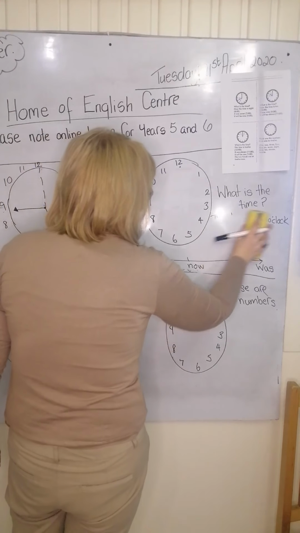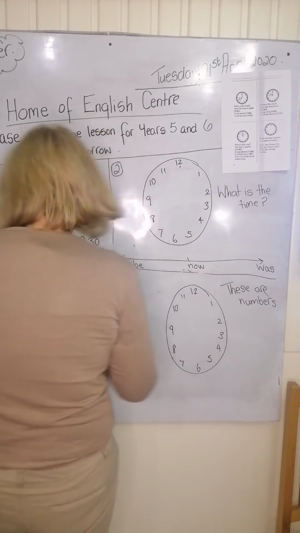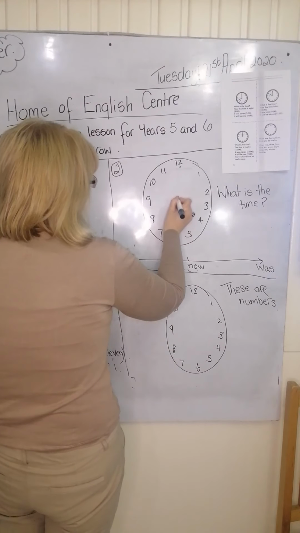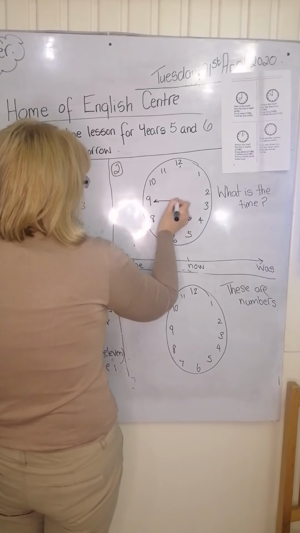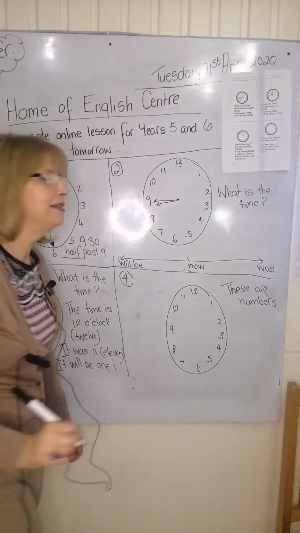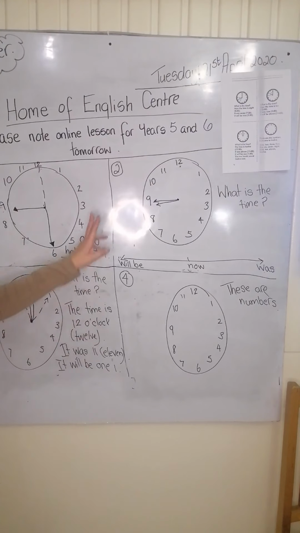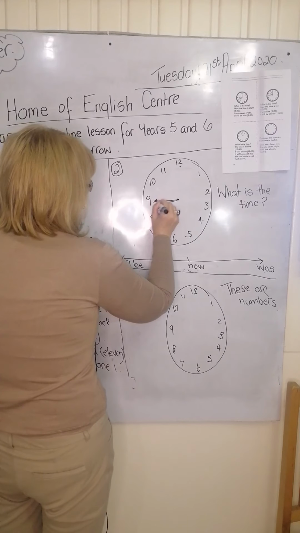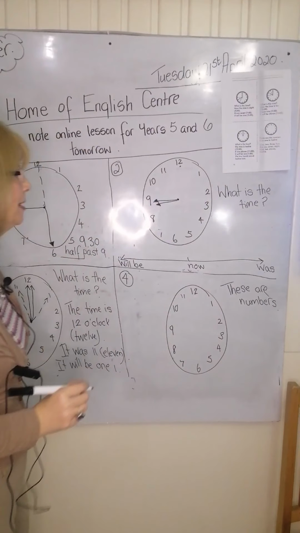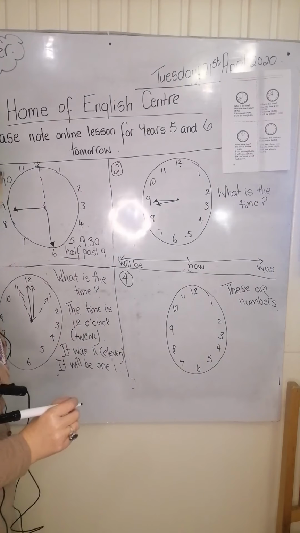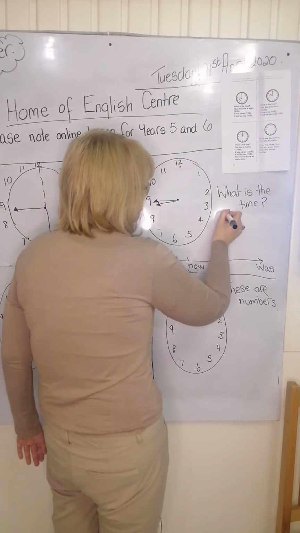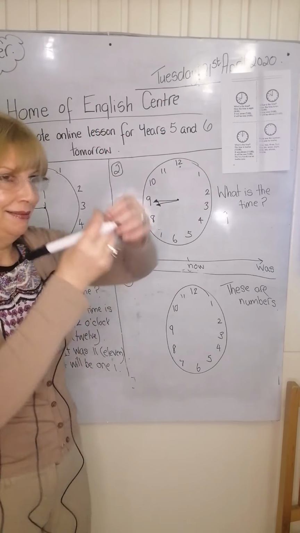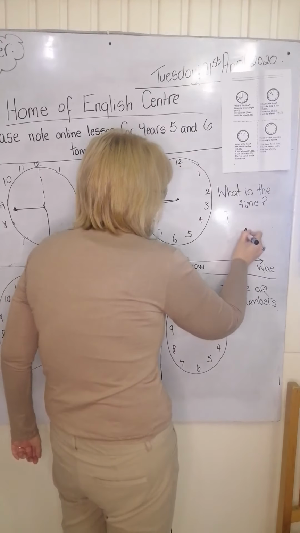Okay, let's take this out. What about if the hands are there? So now you have 2 hands pointing to the 9. Okay, so in this case we know it's still 9 because the big hand, the slightly longer hand, so the hands look like this.